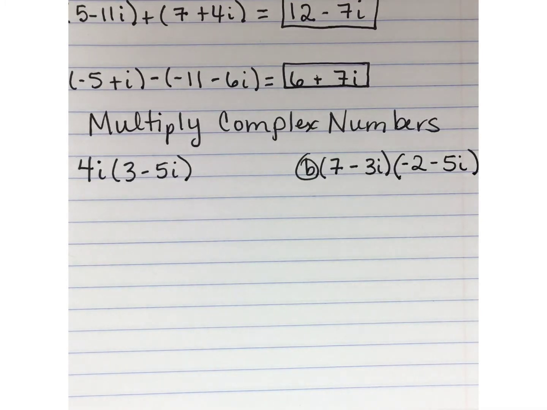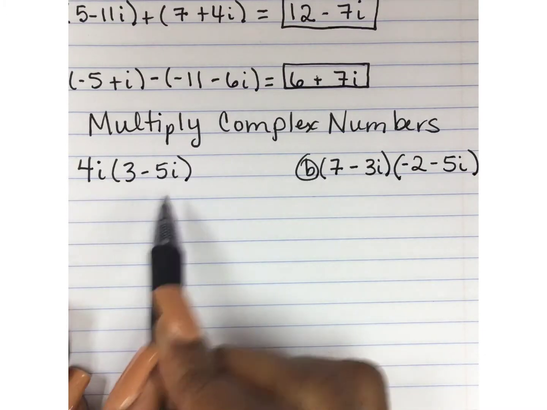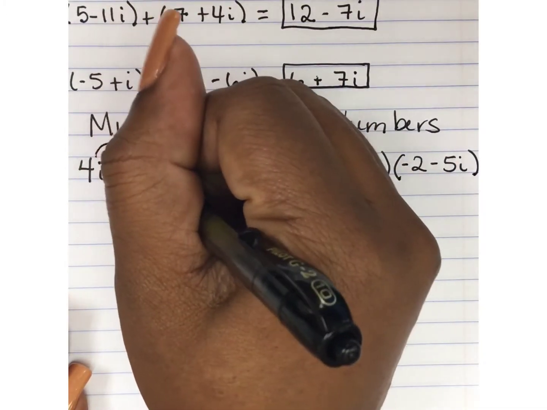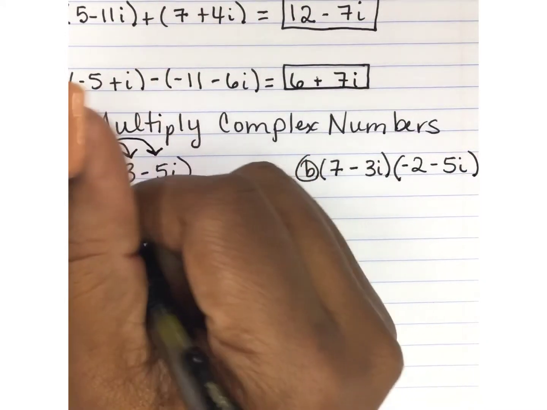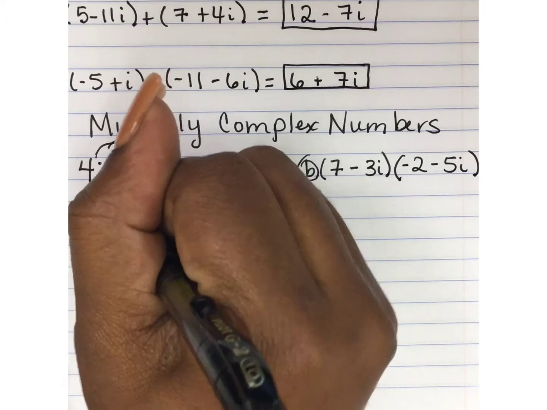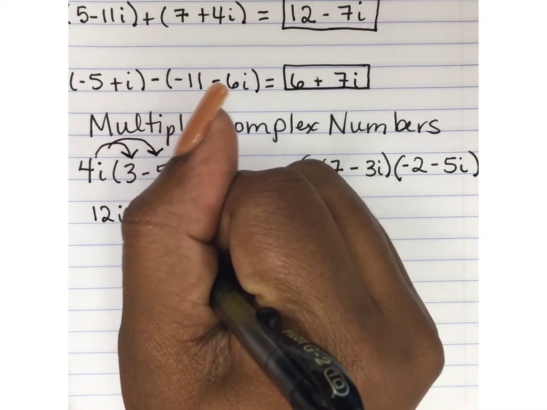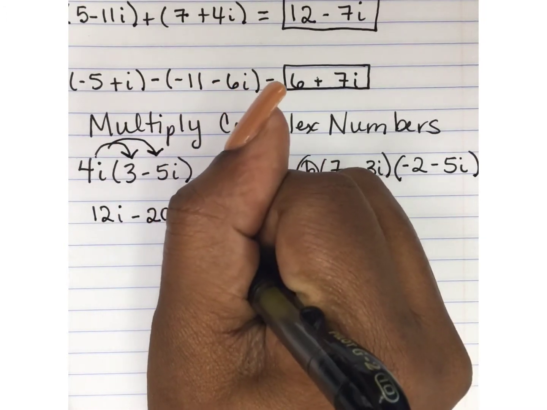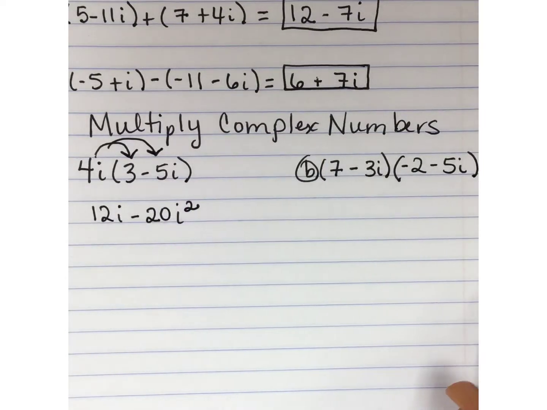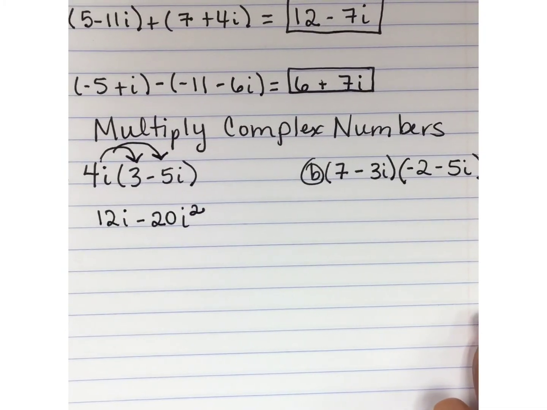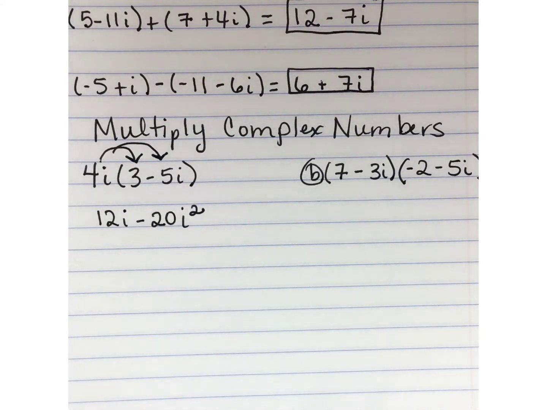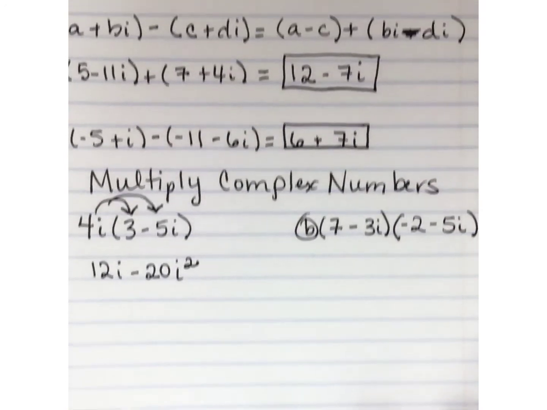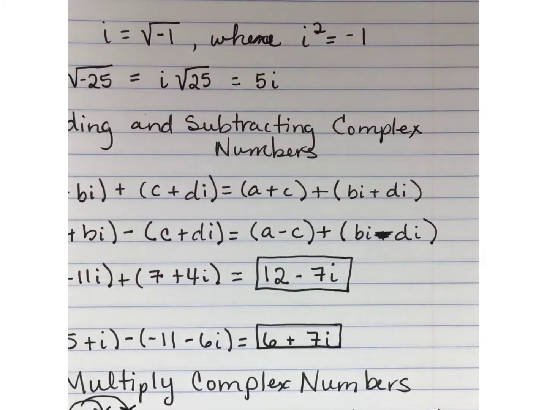All right, so if we look right off the bat in A, notice that we have the distributive property. So we have to distribute 4i inside the parentheses, and we get 12i minus 20i squared. Whenever we see an i squared, that is not simplified. i squared is equal to negative 1.